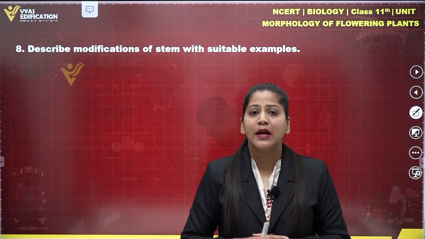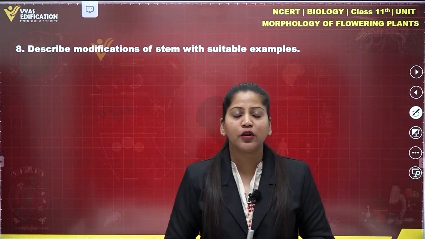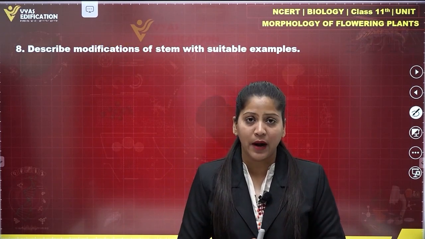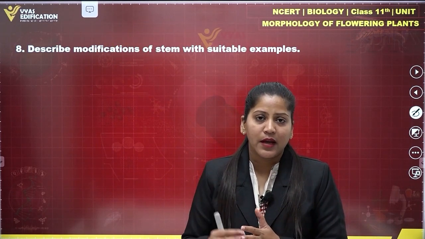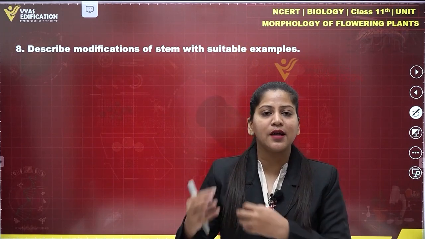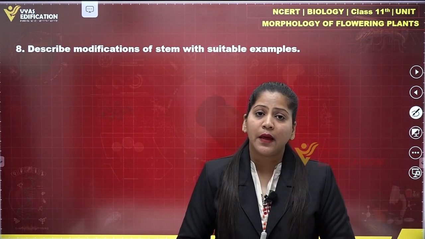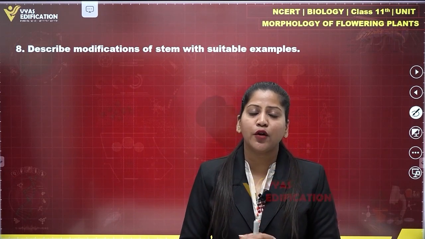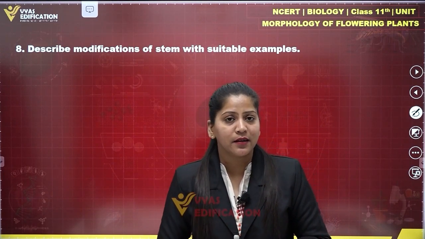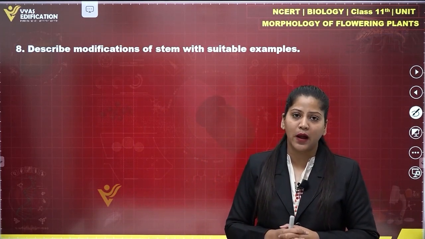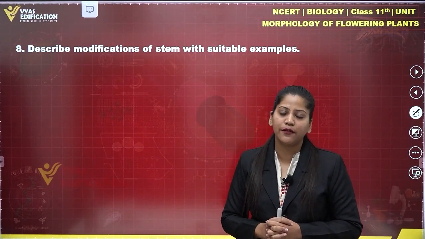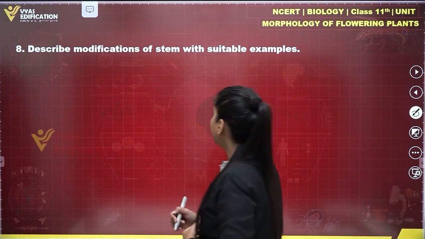Then the lateral underground branch is the offset, found in some aquatic plants such as Eichhornia. They bear some leaves and a tuft of roots at nodes, giving rise to new plants. So these are the various kinds of modification in stems.